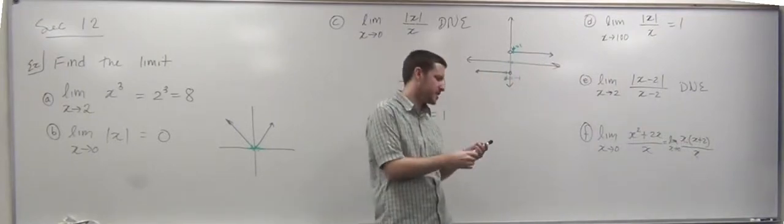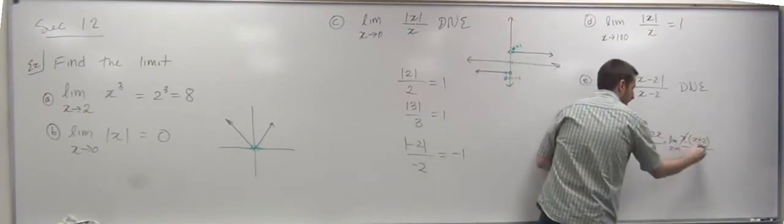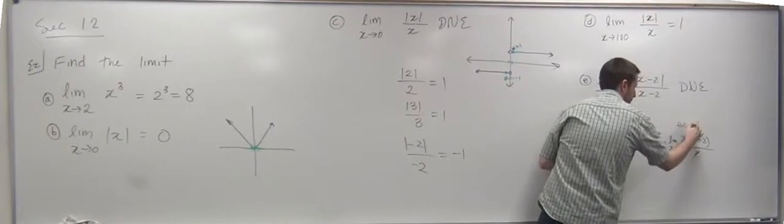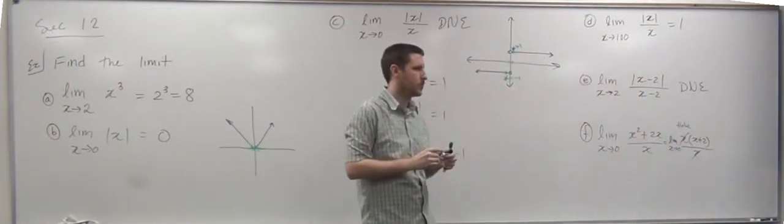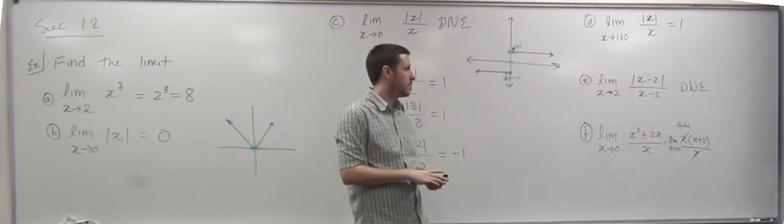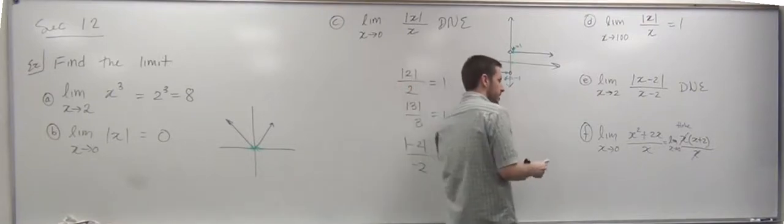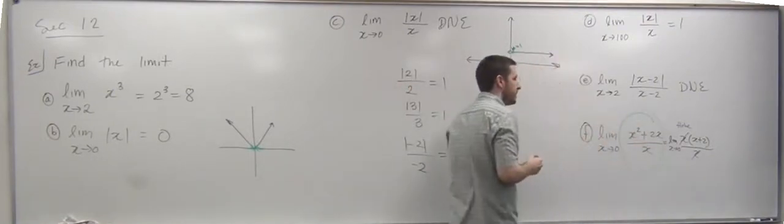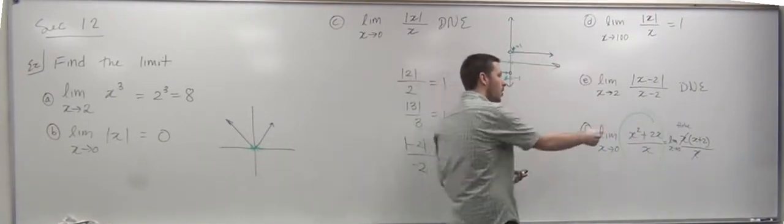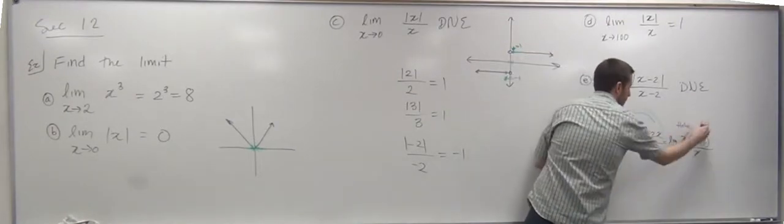So those x's cancel. That means there's a hole in the graph. So this function that I'm trying to find the limit of has a hole at x equals 0.